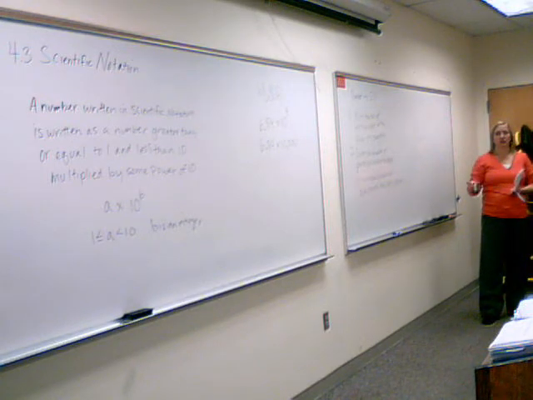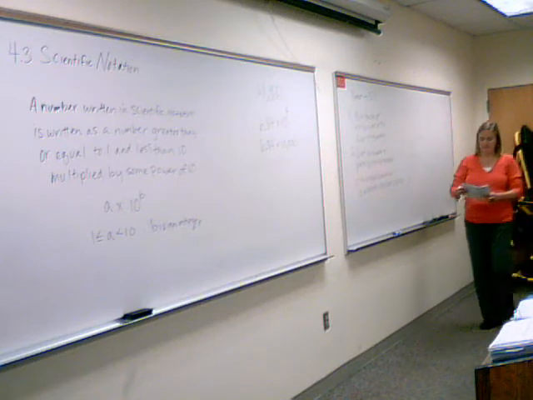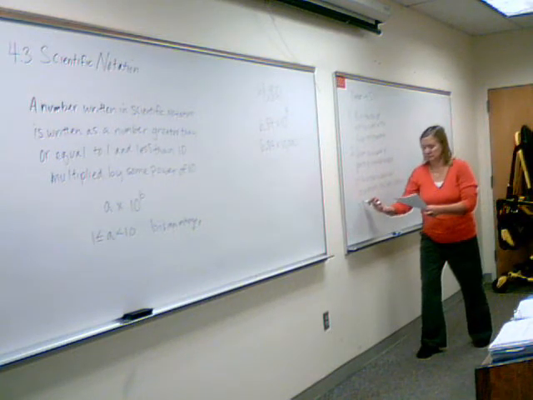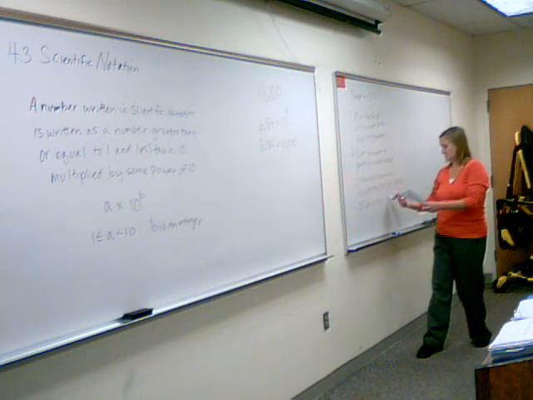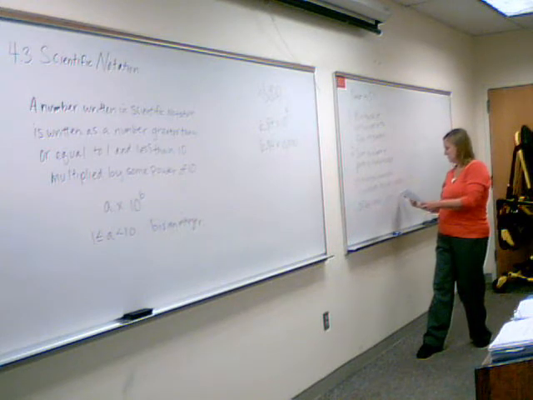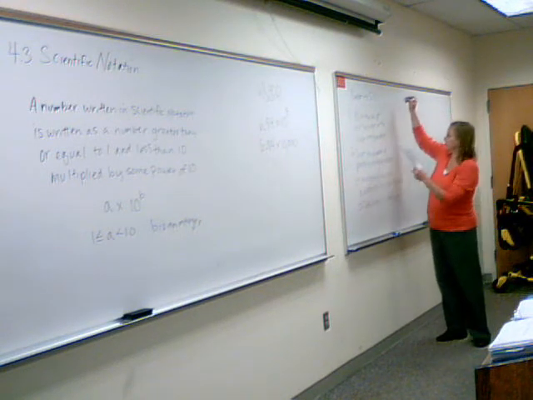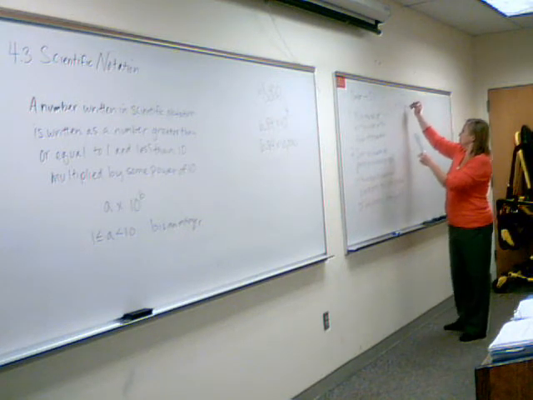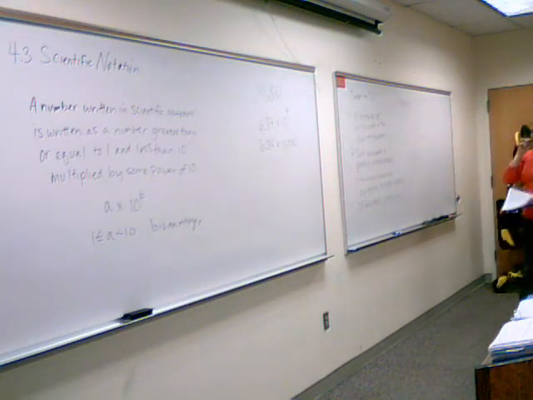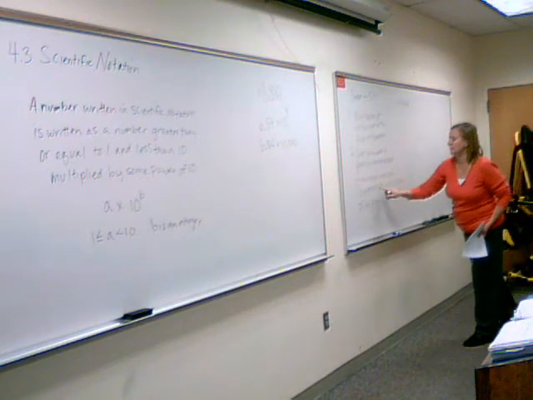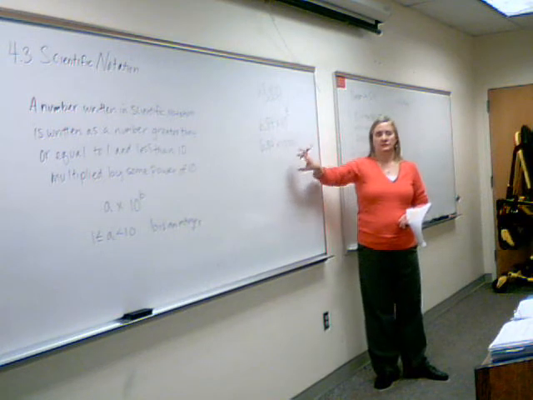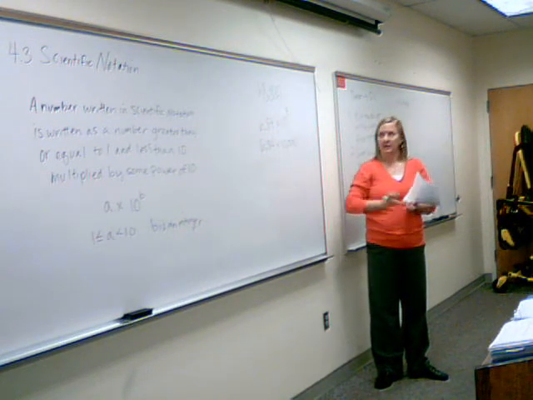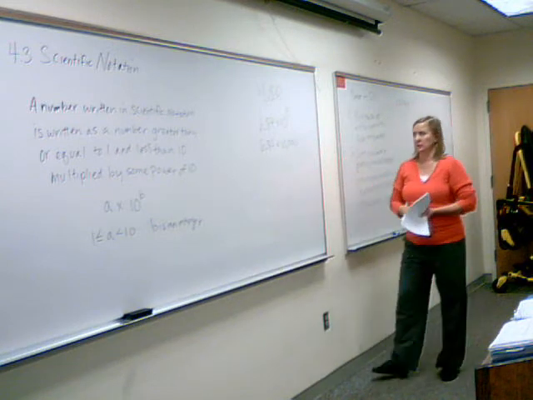If we end up moving to the right, it's going to be a number less than 10. What if it equals 10? If it equals 10, it's 10 or greater, so it would be positive, because what we're doing is making groups of 10. Like this 10,000 is 4 groups of 10. So every time I have a group of 10, I will be adding a number. So it includes 10.